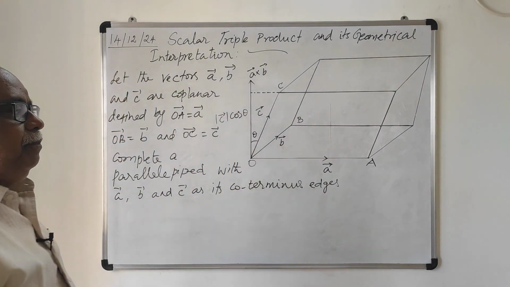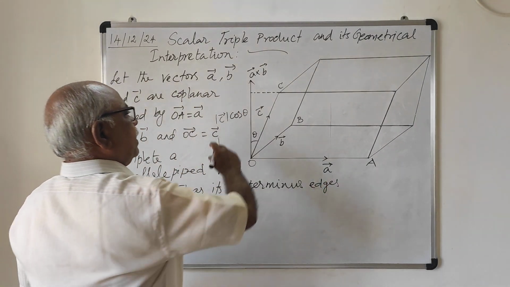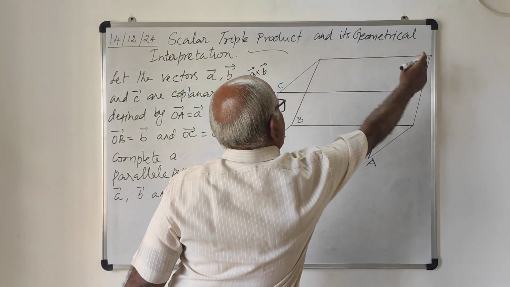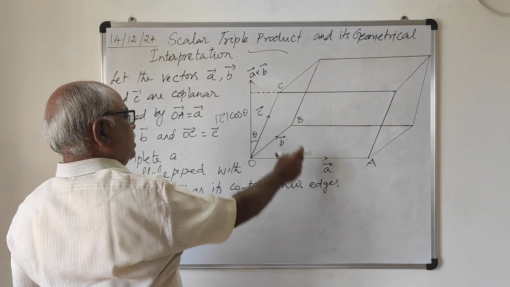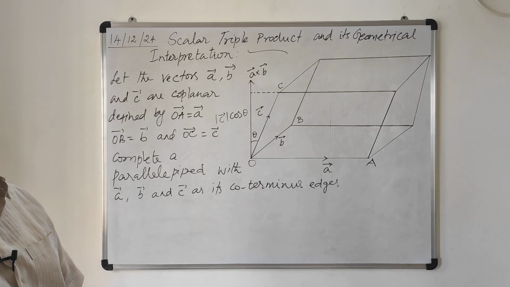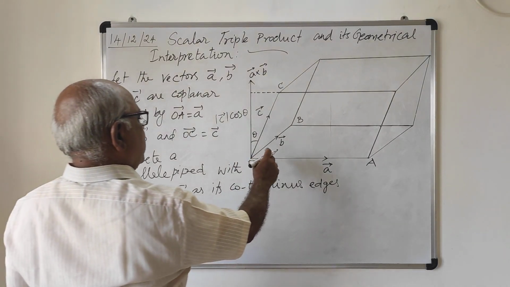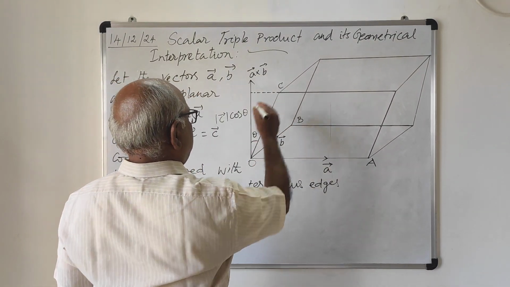OA is vector A, OB is vector B, and OC is vector C.